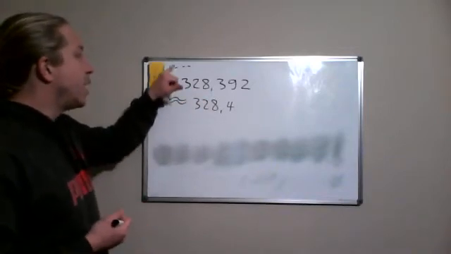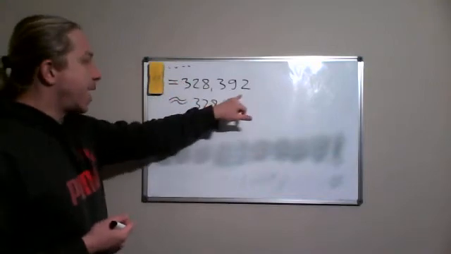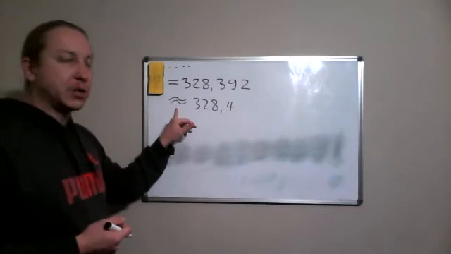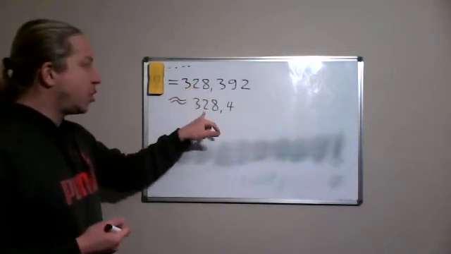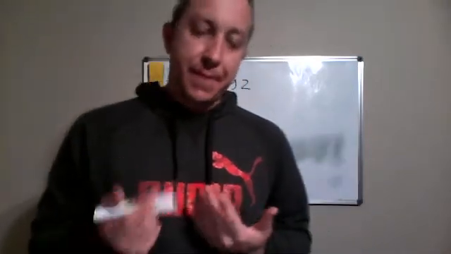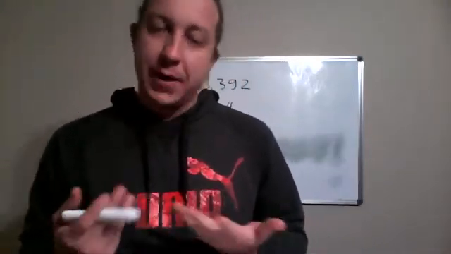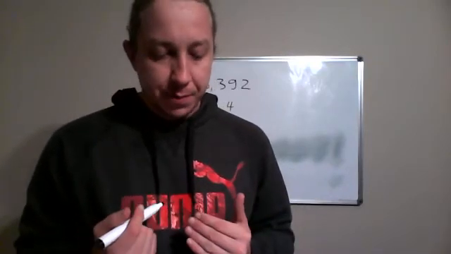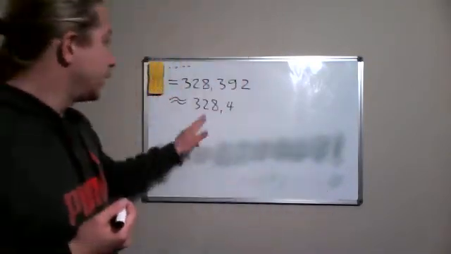I work it out, there's my actual answer, and then I round off the answer. So there's a mark for this answer and a mark for that answer. That is if I give you a word problem or a sum to do and then round off the final answer. All right, guys, let's do another example.